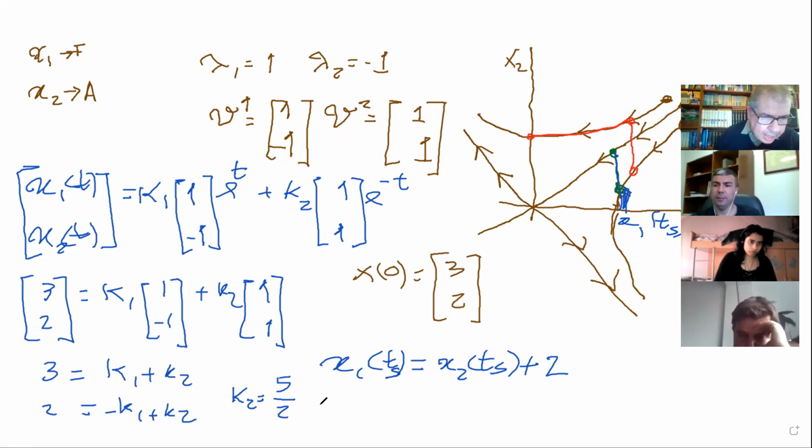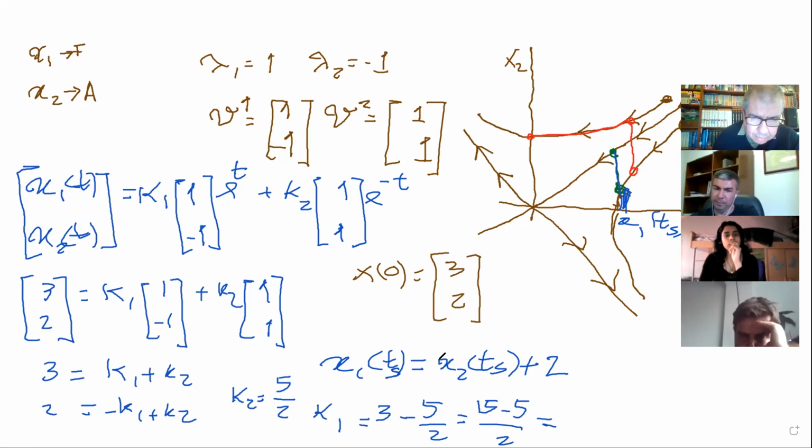Okay, and k1 is equal to 3 minus 5 divided by 2 from the first equation.